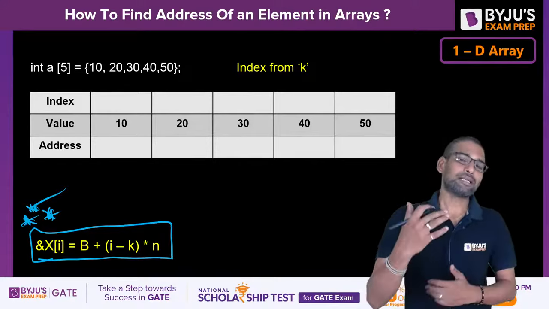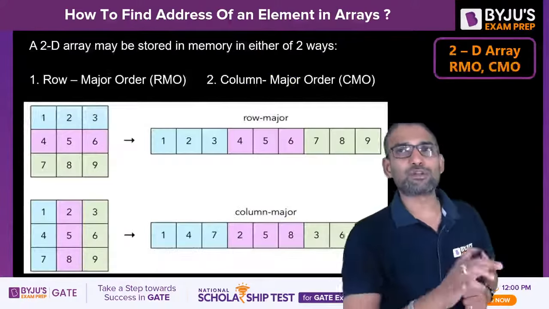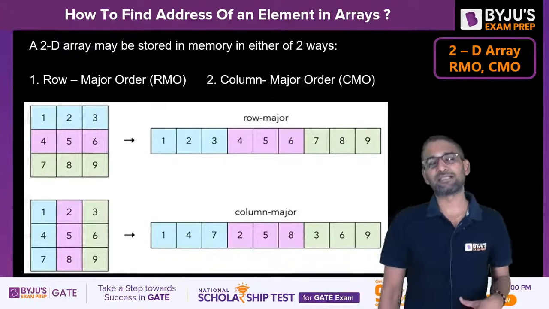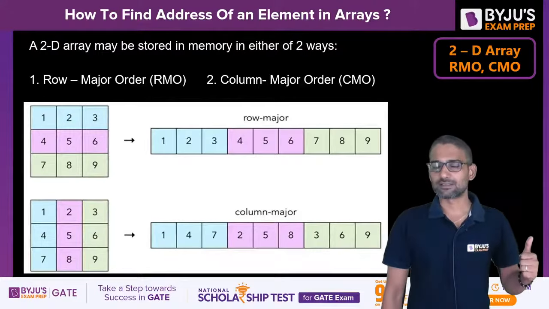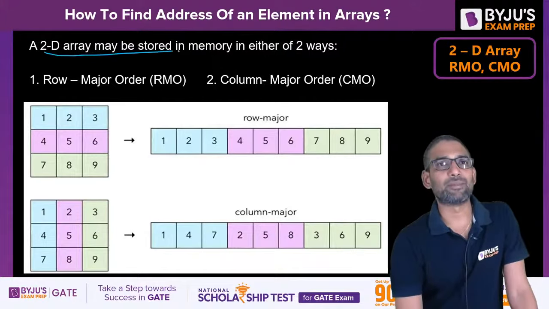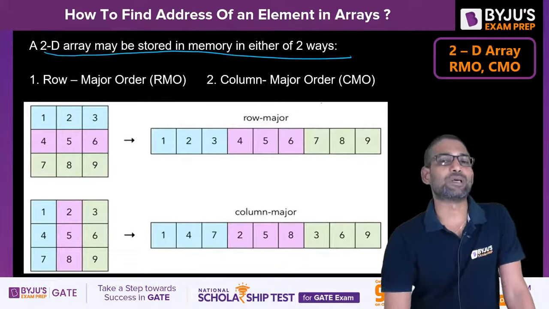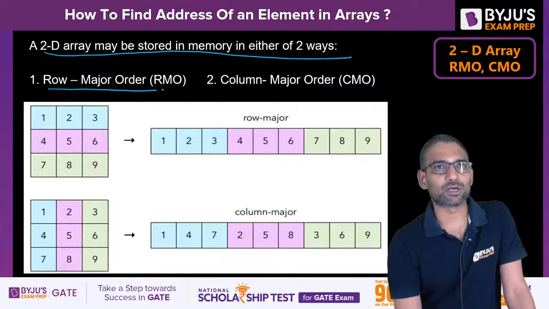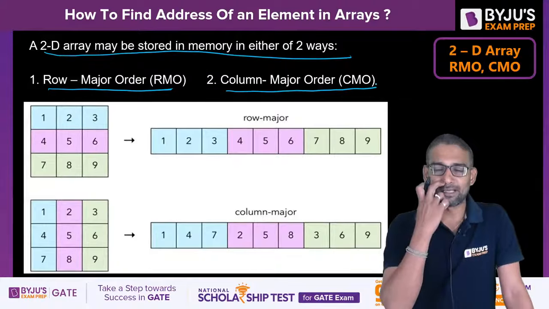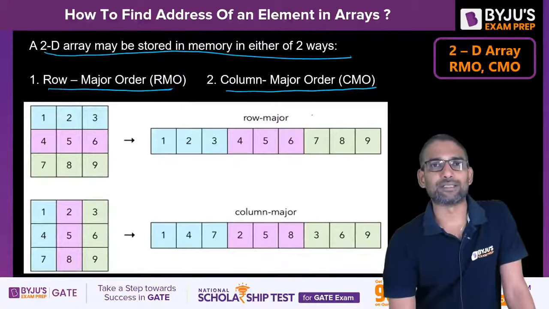Okay. So let us check with a 2-dimensional array. With the 2-dimensional array, we have learned in the last class that a 2D array can be stored in memory in either of two ways: row major order or column major order. Row major order means row wise.